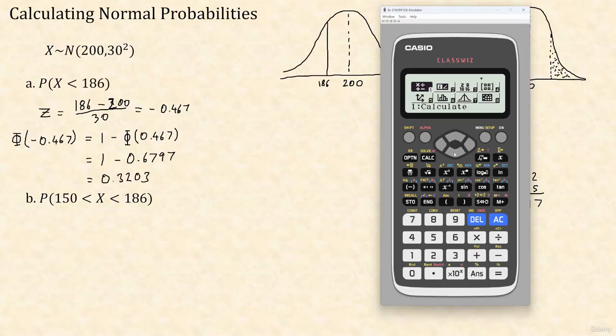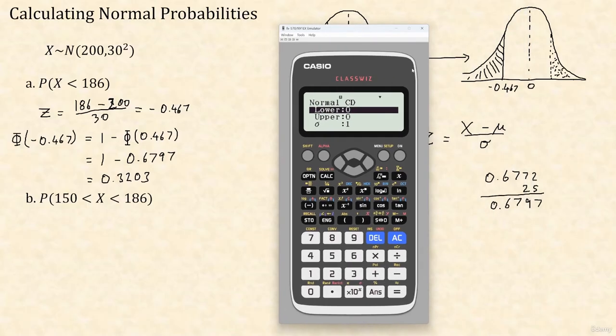Here's how we do that using the calculator. I go to Menu, Distribution, Normal CD. The lower bound here, well, it's the probability of being less than minus 0.467. So there's no lower bound, so sort of minus infinity, or minus a very big number, up to minus 0.467.